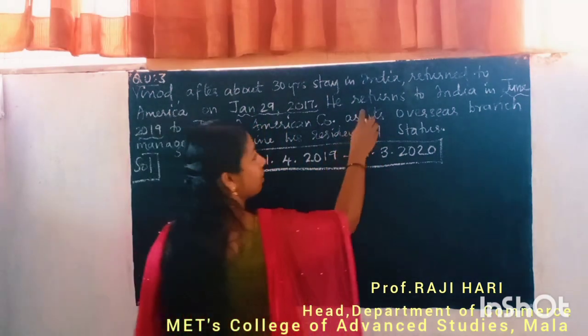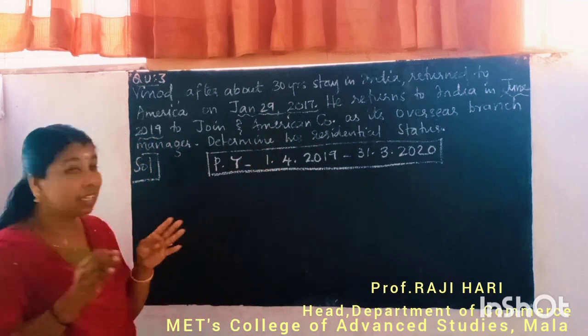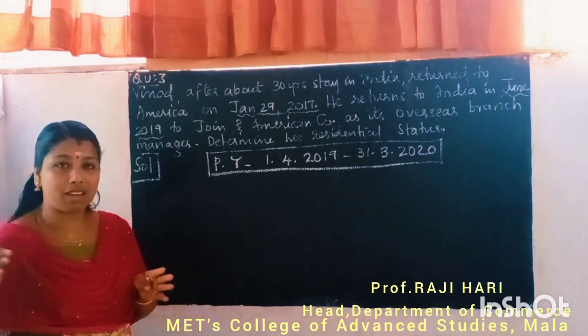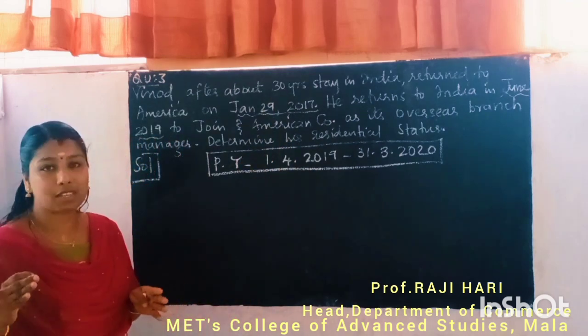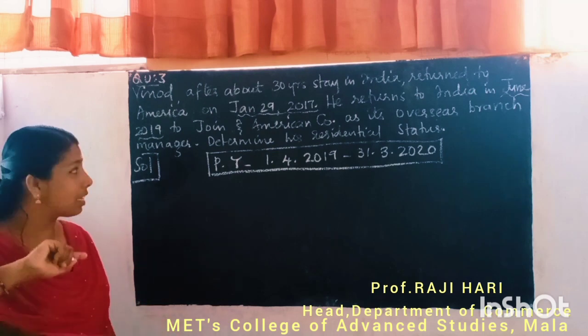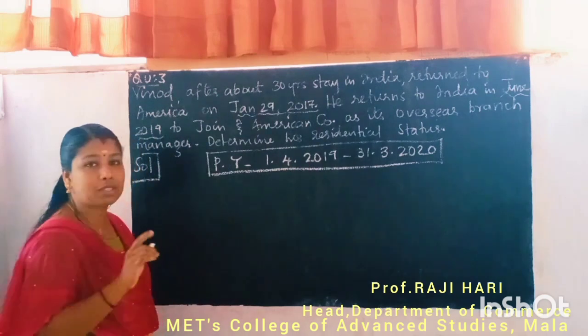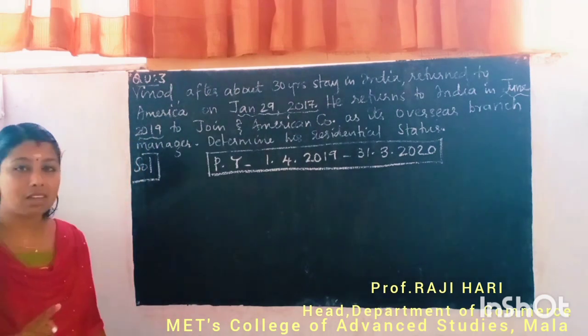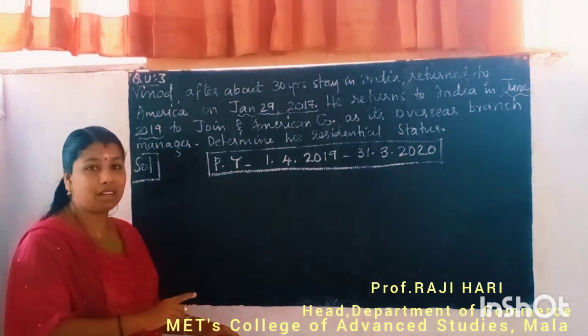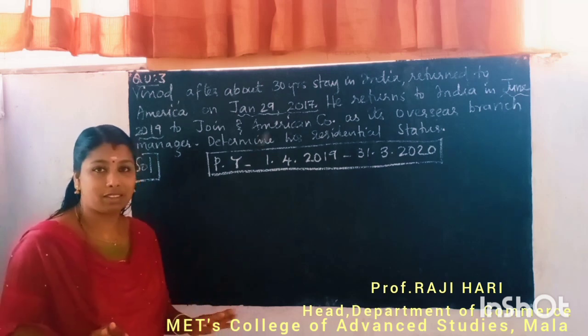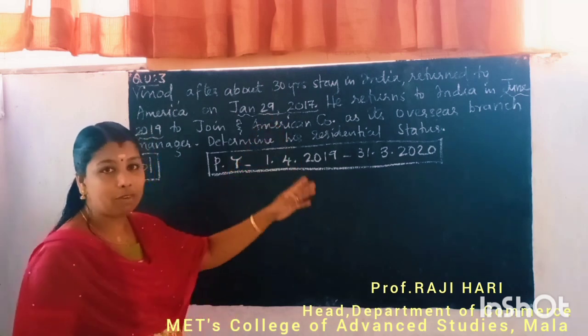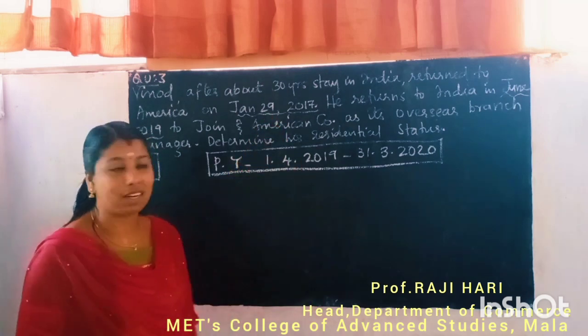He had 30 years of continuous stay in India and he left India for America only during the year 2017. That means before 2017 he was in India. That is very important for calculating ordinary or not ordinary resident.